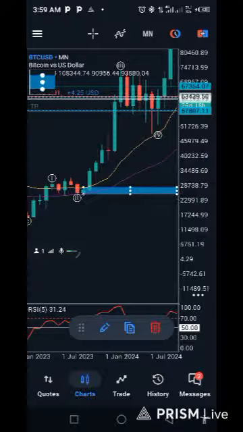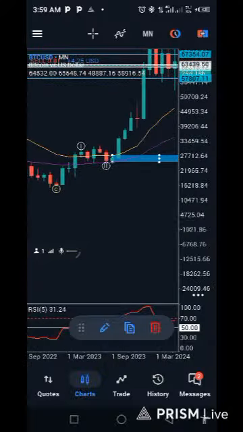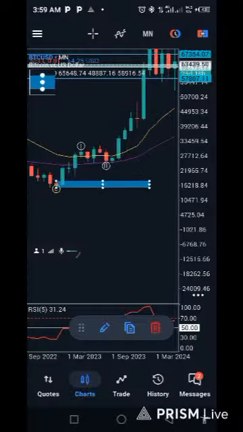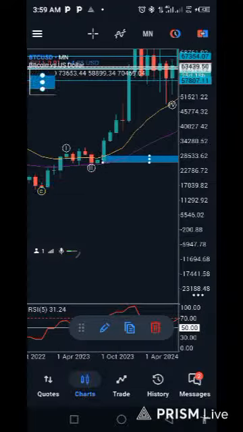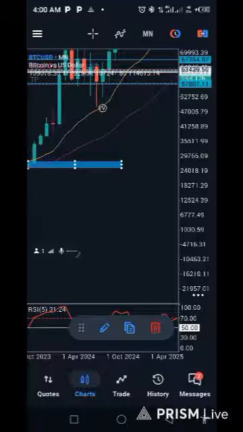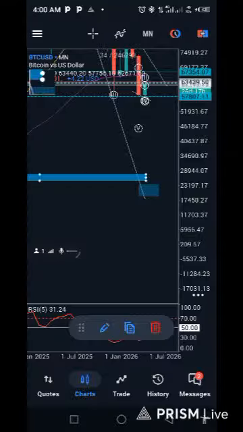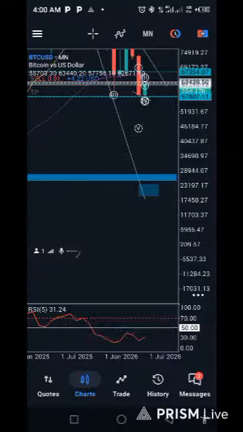This one has not been mitigated, and this one has not been mitigated either. But this one looks reasonable, and in that plot you can see it's between 25 and 28,000 dollars. So I believe the trade might get to this spot.